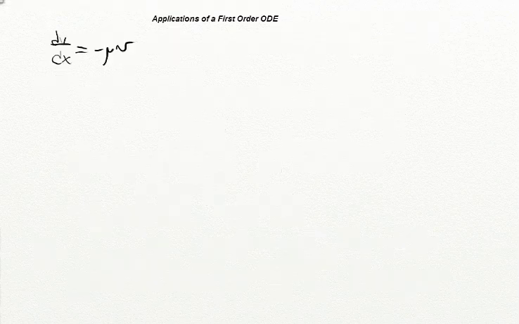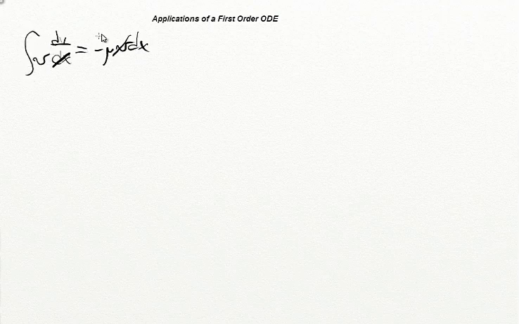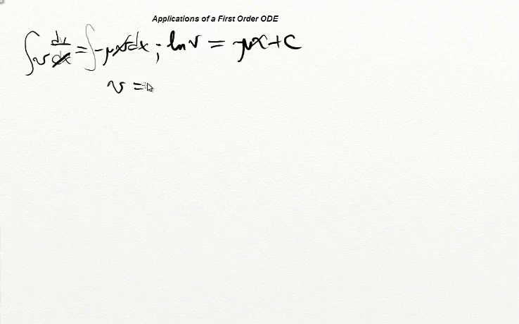So here's the equation that we were in the midst of solving. It's, again, a pretty simple separable equation. And if you put the dx on its side, bring the v down here, integrate both sides, you get the equation very quickly that the log of v is equal to minus mu x plus constant of integration c, or same thing, v equals, let's say, k e to the minus mu x.